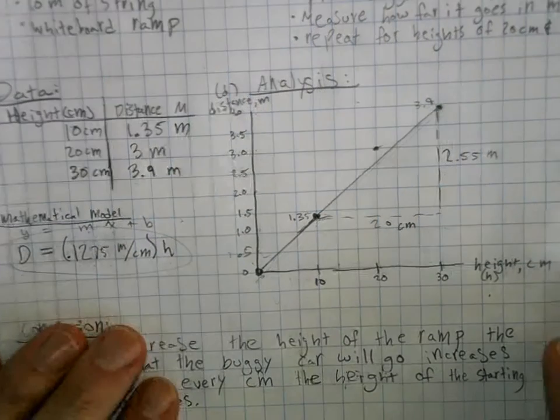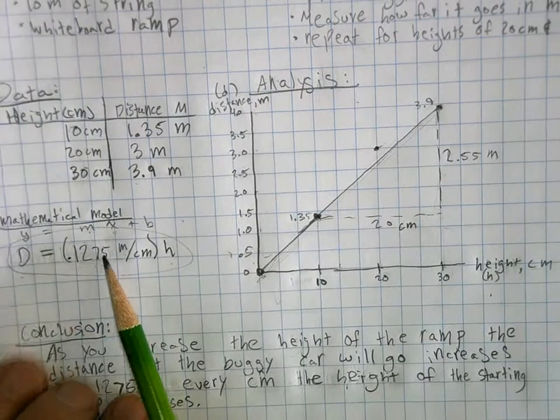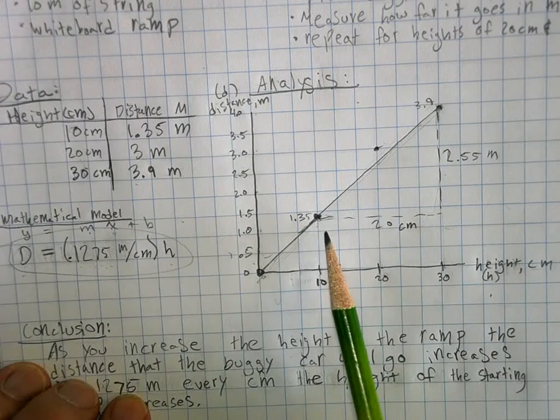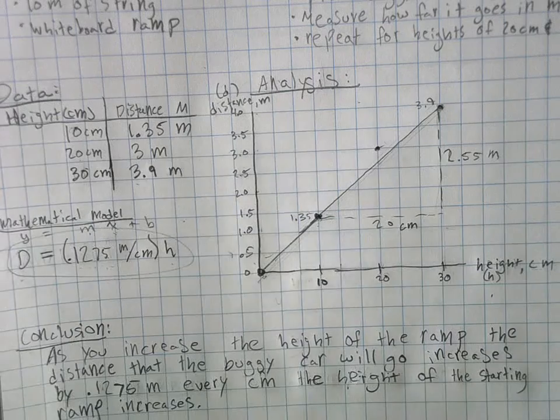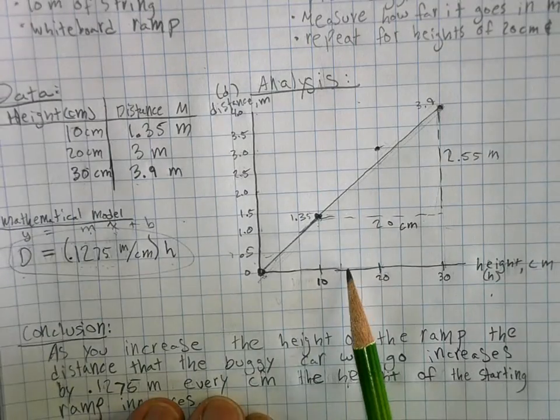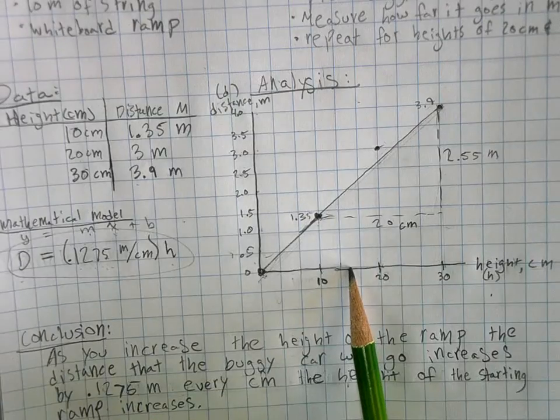So a good model, and this is a good mathematical model, and this is a good graphical model, they do 2 things. They describe what it is we observe. They show the relationships. They also have predictive power. You can make a prediction based on this graph. For example, what if I said, how far will their car roll if we raise it to a height of 15 centimeters?